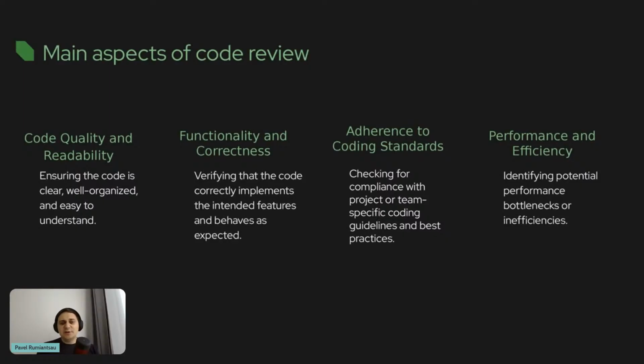And the next part, which is very important in terms of actual functionality of the application, or we might say functional and non-functional requirements, is performance and efficiency. So we understand that code generation just fixes some problem for you. You request a code, it generates a code. It's not always the perfect code. Sometimes it does not cover specific cases.